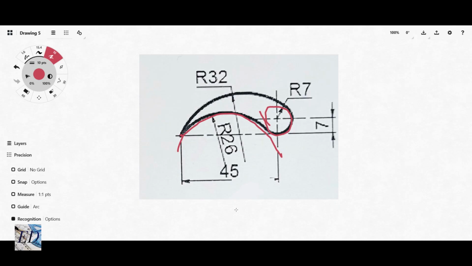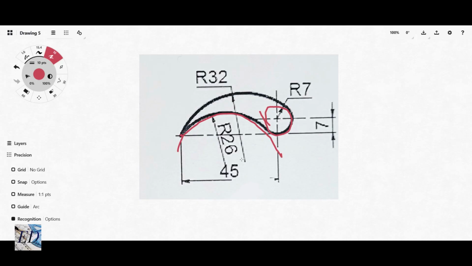The tangency relationship for two arcs touching externally states that you add up the radii. So we have a radius of 7 millimeters here, and a radius of 26 millimeters here. You add that, and that will give you a location where the center would fall. So that gives us 33 millimeters.